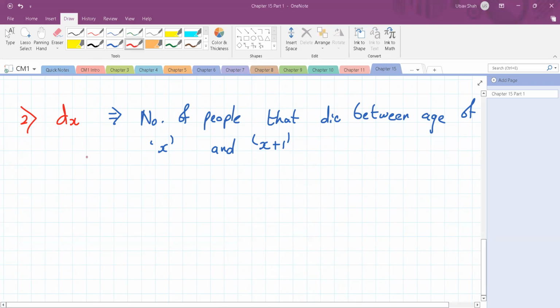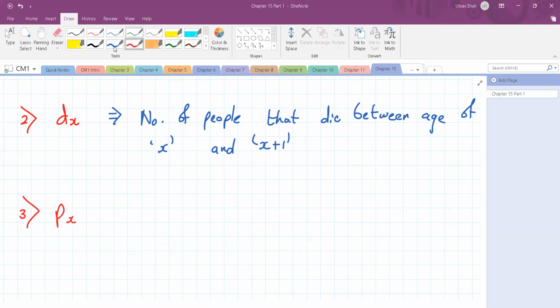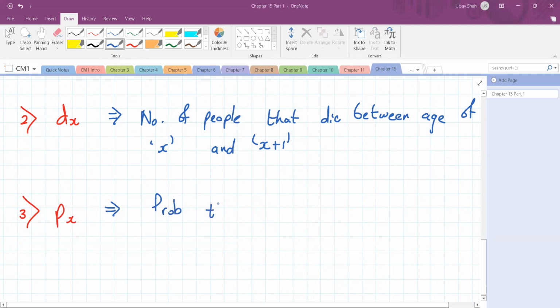Simple. Third concept, px. px is the probability that a person aged x survives till the age x plus 1.